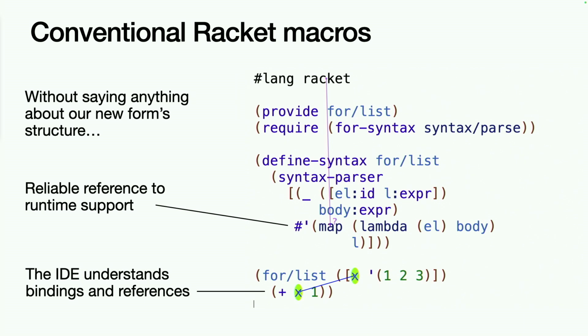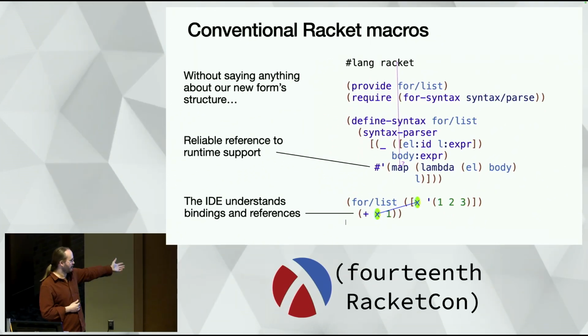And a salient point that I want to mention is that we didn't have to say anything about the binding structure of our new syntactic form that we're creating. We're creating a form that has this binding structure where it binds x to each element in the list in turn as we iterate, right? And we didn't say anything about that, and yet our IDE understands how that works.